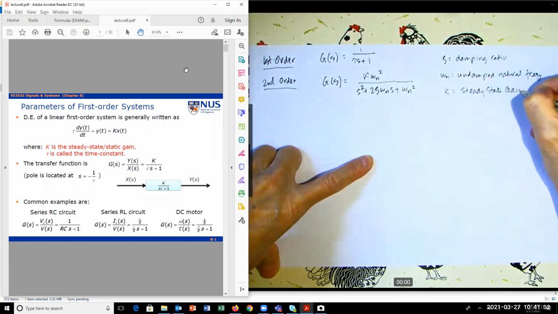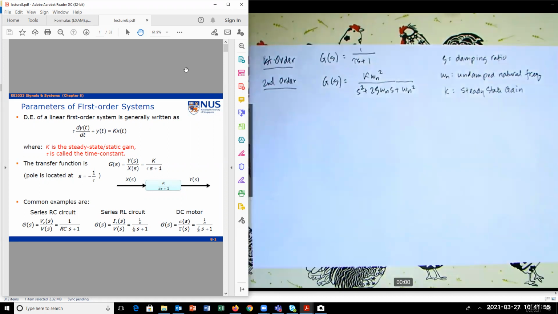So these were the two general forms of transfer functions for the first order and second order system.